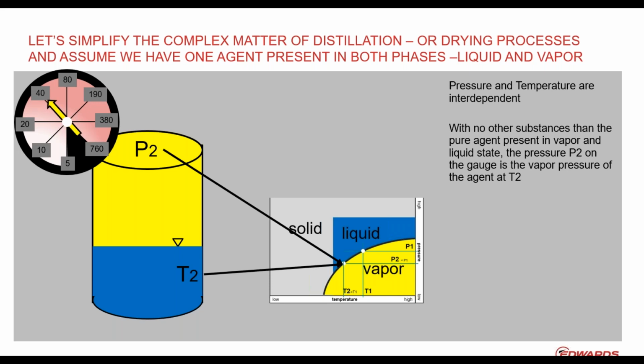So your pressure P2 is defined by the temperature of the liquid along the phase line, in lockstep. If you put a gauge in, like shown here, you see the vapor pressure of water at the temperature T2.